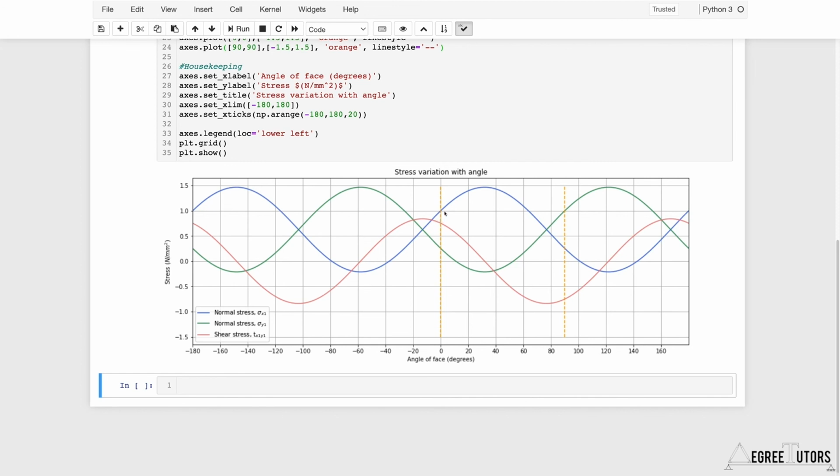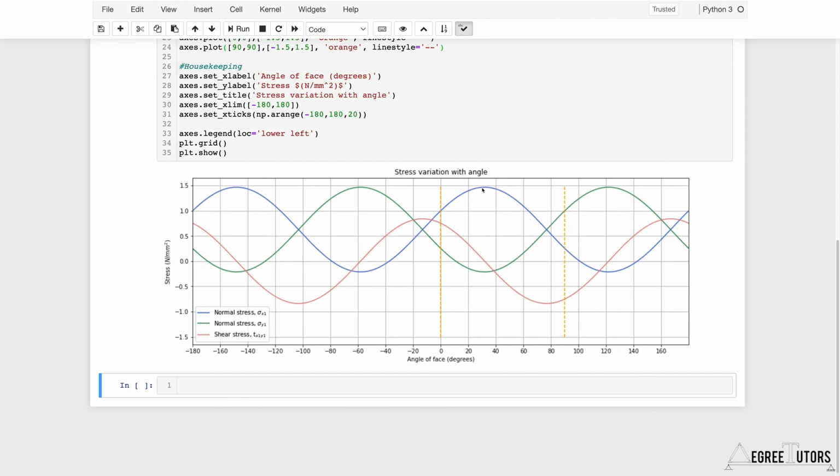If I was to take a cut through my structure that exposed an element orientated at maybe 33 degrees, and consider the normal stress that develops on a plane at 33 degrees, I'm just eyeballing it from the graph here, then actually the normal stress on that plane is nearly 1.5 newtons per millimeter squared. So it's nearly 50% greater.